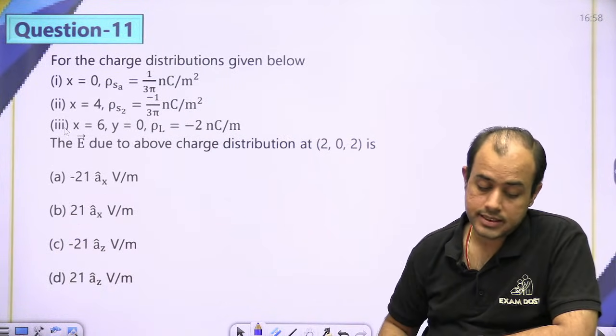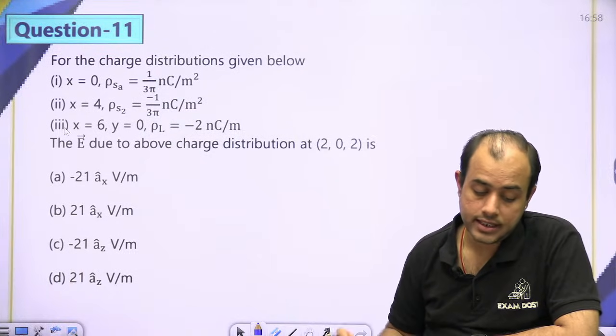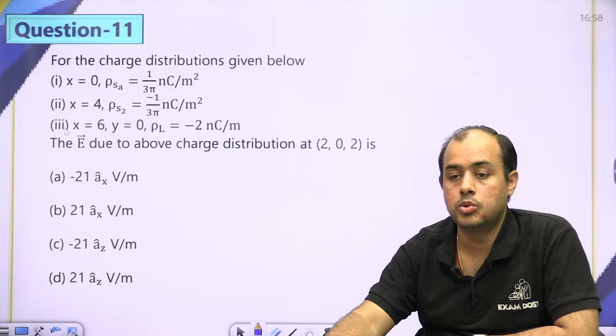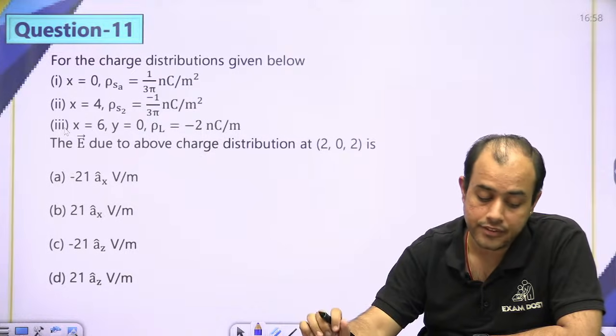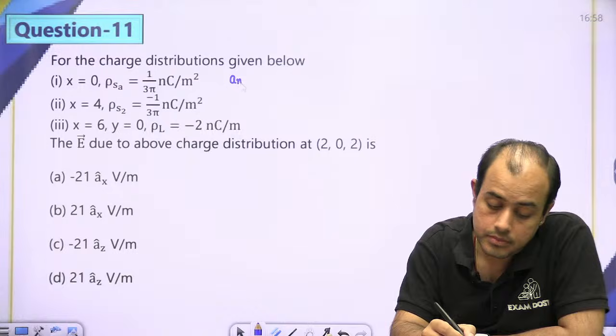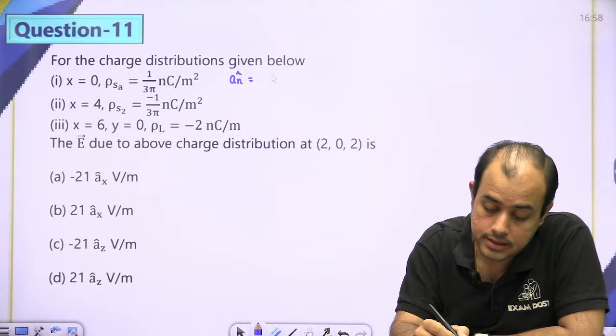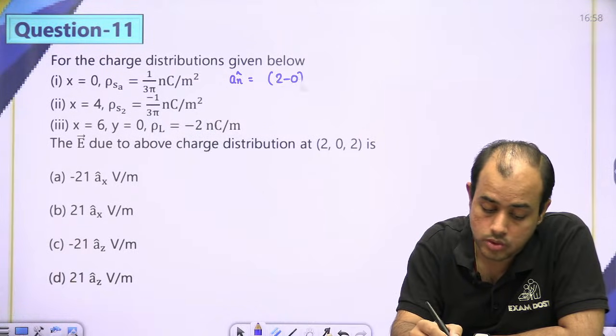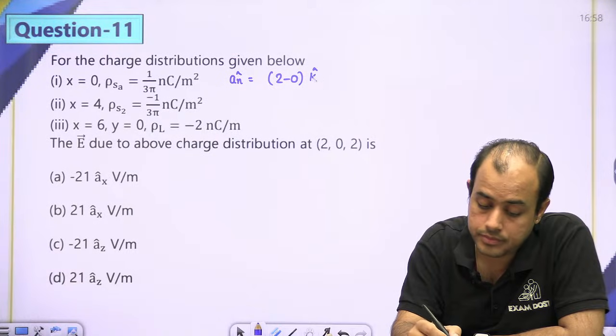For the charge distribution, the electric field at 2, 0, 2. Okay, now the sheets are given in terms of x. The x coordinate of the point is 2, charge is 0.